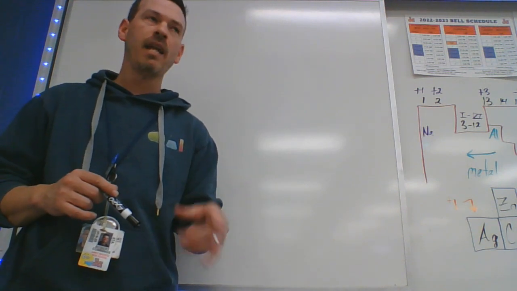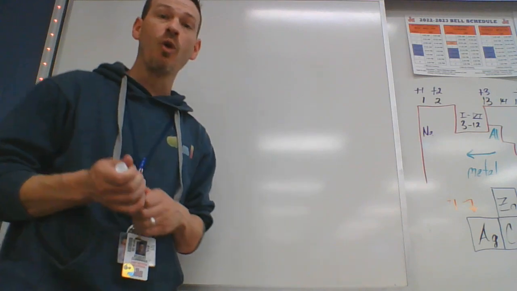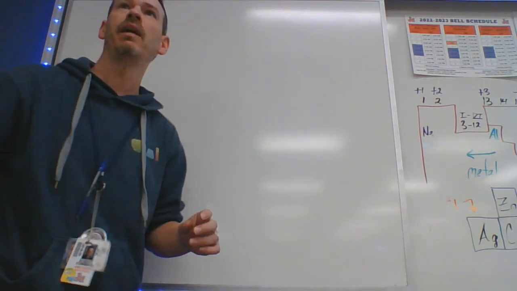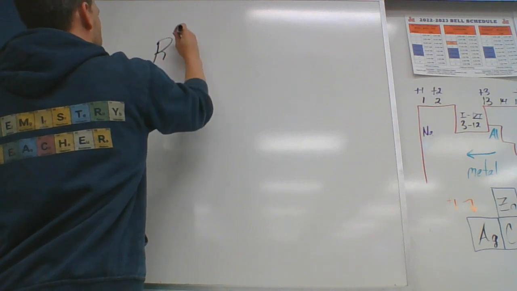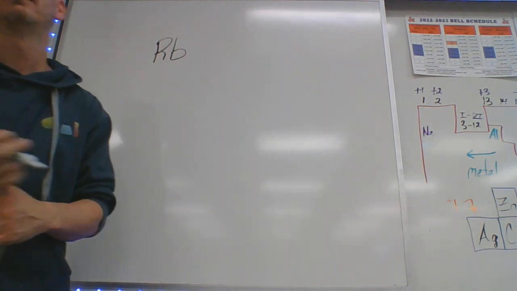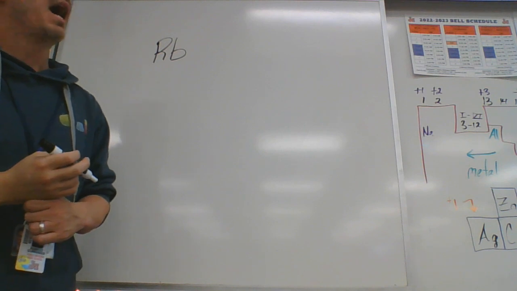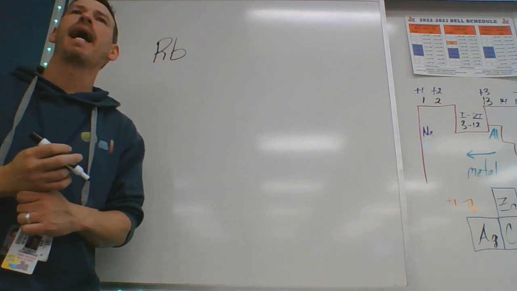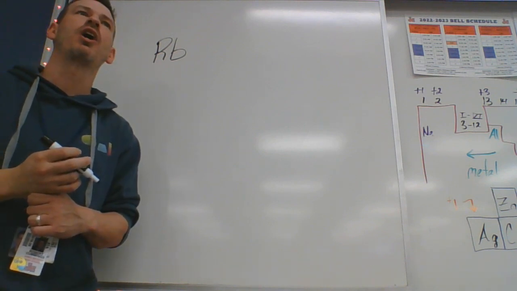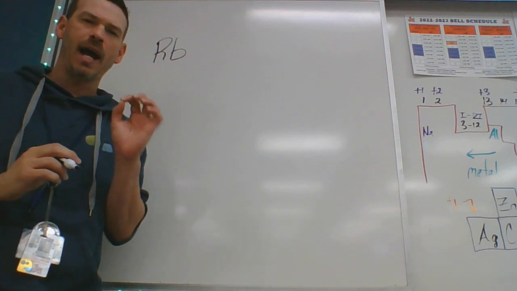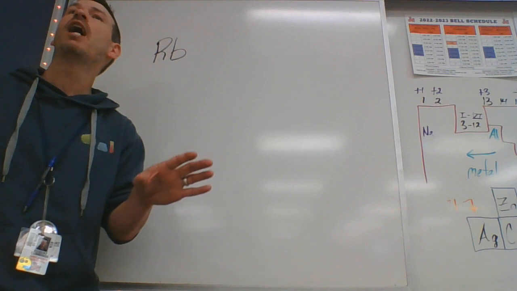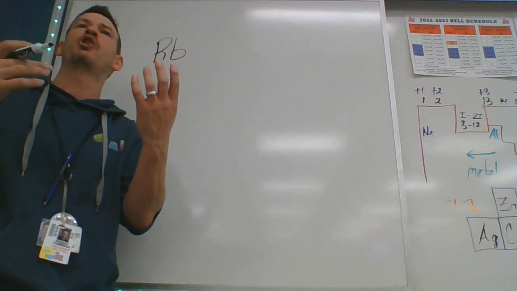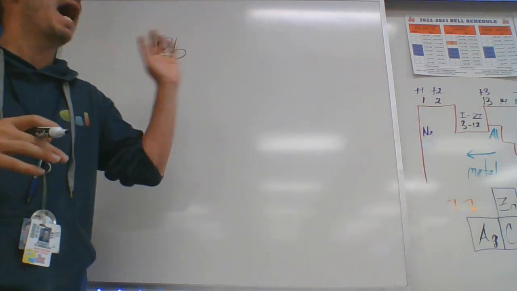Start with symbols again. The symbol for rubidium is, anybody? Hypochlorite. Who wants the gold star? What is the formula for hypochlorite? It's just ClO. Now, some people want to say the charge. That's a different question.